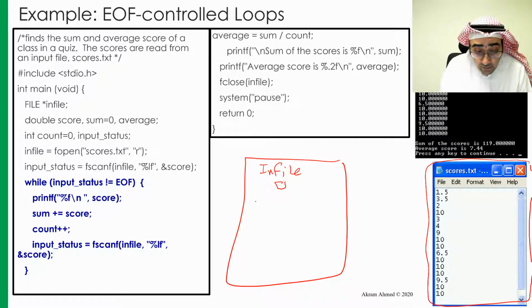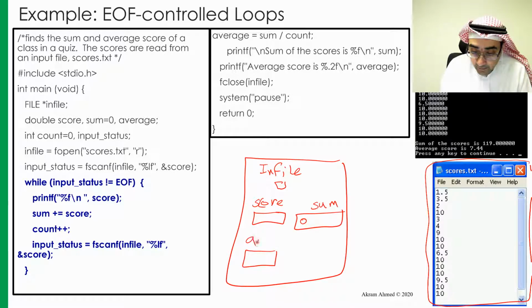I'm going to use small notations now, and I'm declaring the score. This is my variable score, and I have a sum, and notice my variable sum has a value 0 as I declared it, and I have an average.